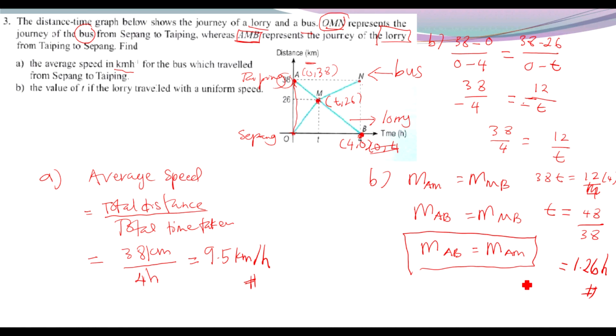So that's all for the example. We revise here and make a summary. In this video, I discussed the gradient of a distance time graph. The gradient of the distance time graph is equal to the speed of the journey shown on the graph.